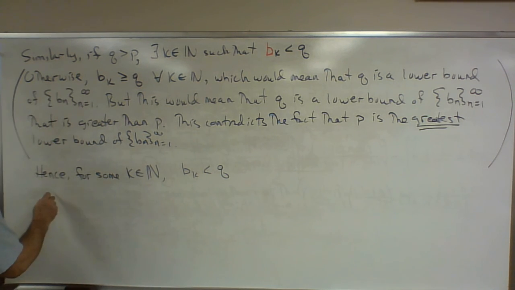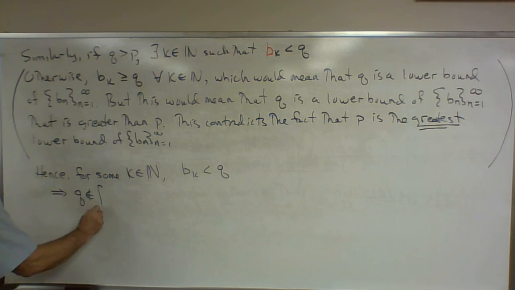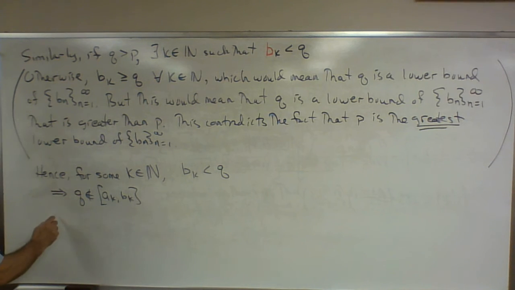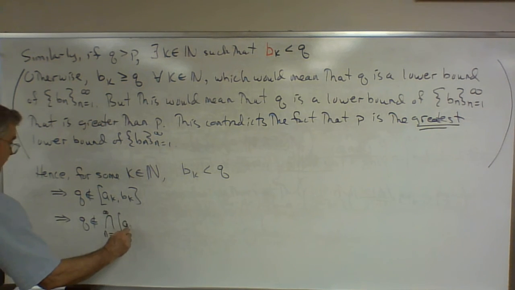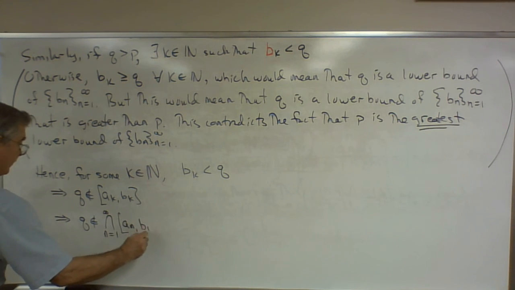So what does that mean? That means that Q is not contained in this interval, A sub k, B sub k. And that means that Q is not in the intersection of all of these intervals, A sub n, B sub n.